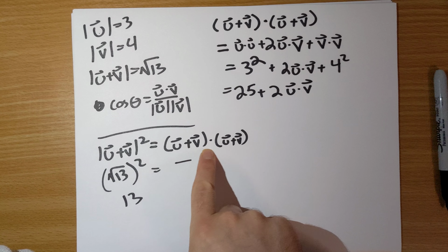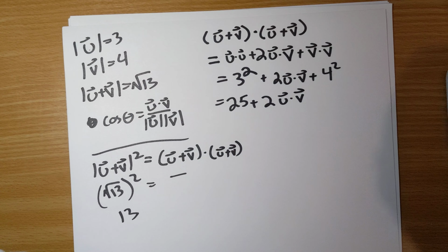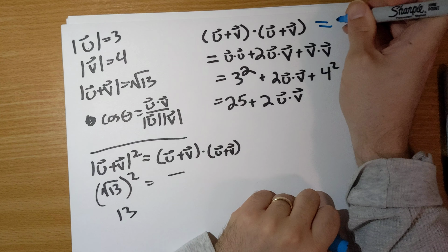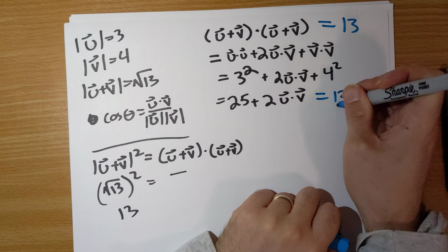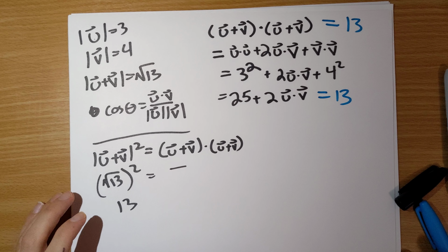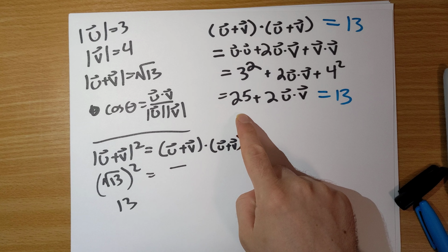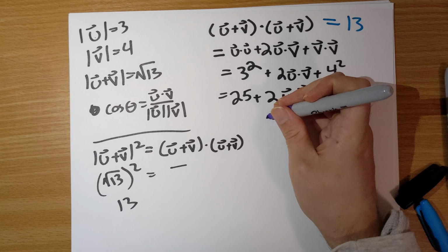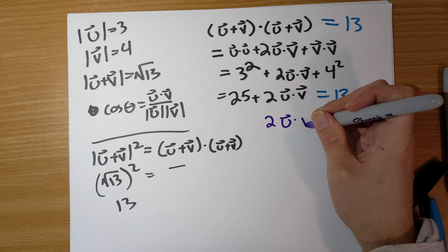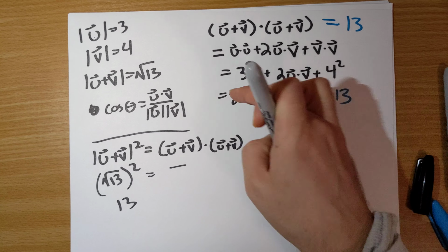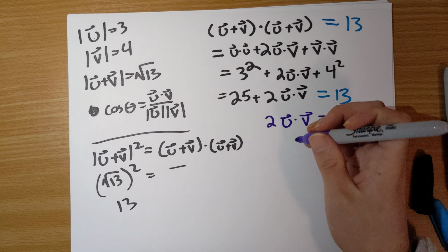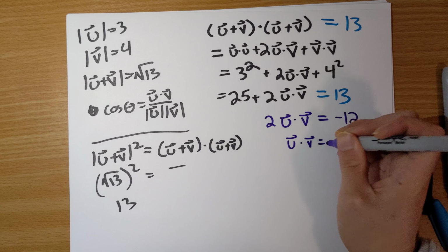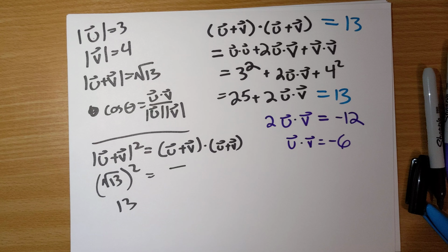But U plus V dot U plus V is exactly the expression we started with right here, so this is equal to 13. So at this point, 25 plus 2 U dot V is equal to 13. If we solve this for U dot V, 2 U dot V is equal to 13 minus 25, which is negative 12. U dot V is equal to negative 6.